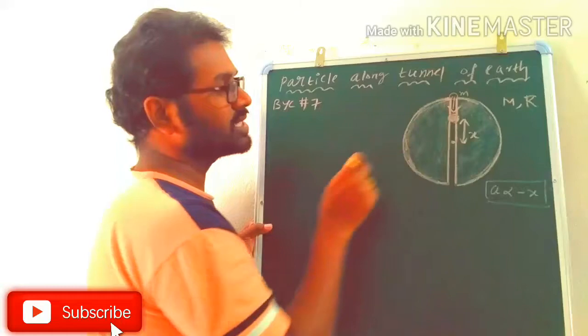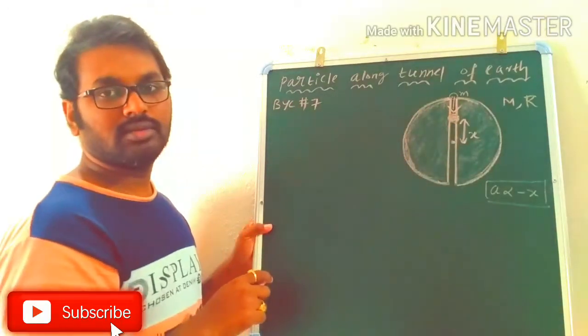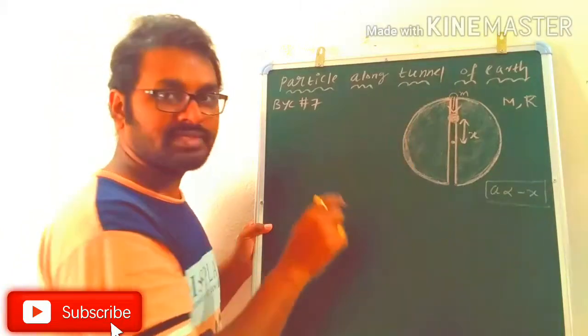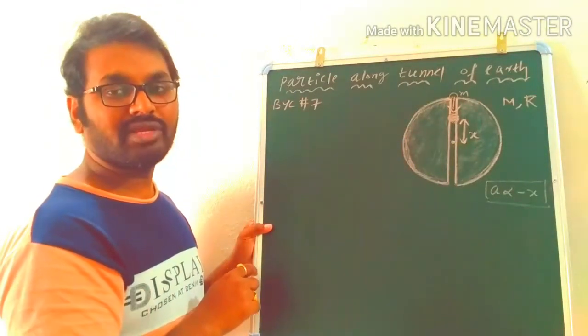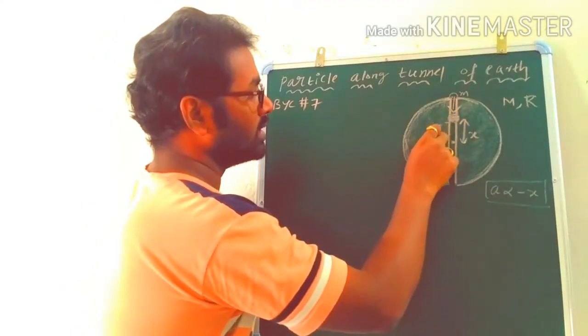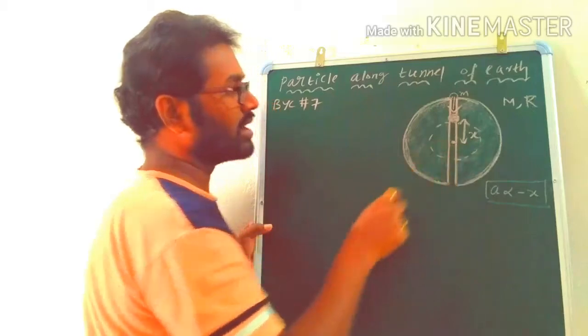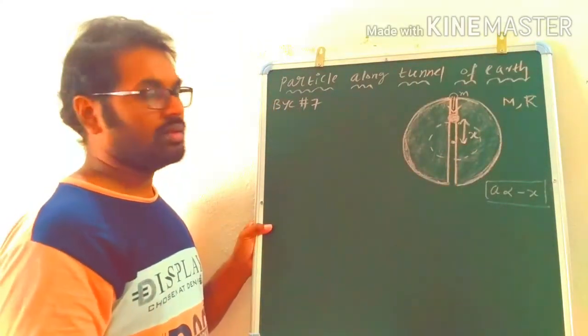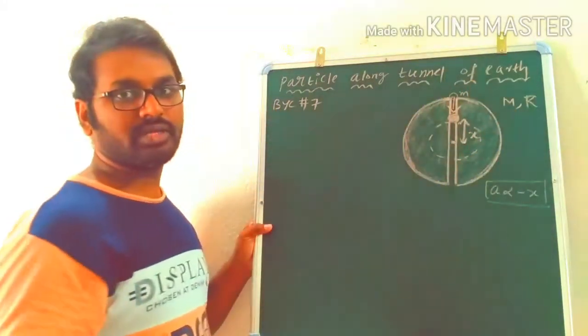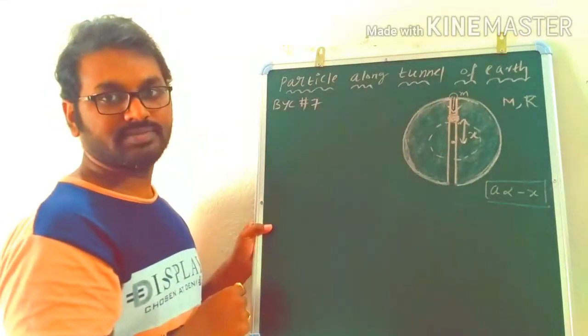Now, how much force does this particle experience by the gravitational force of attraction? You can see only this much part of the Earth will attract this object. It's not the entire mass of the Earth because the object is now inside the Earth.